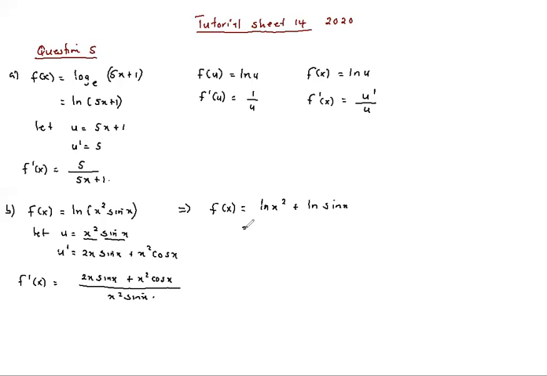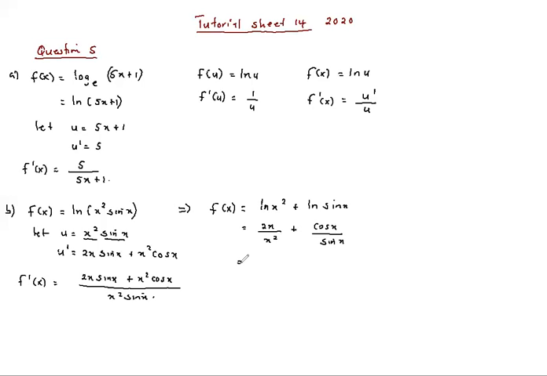You can then differentiate now. The derivative of x squared here will be 2x over x squared, plus the derivative of sine x, which is cos x over sine x.